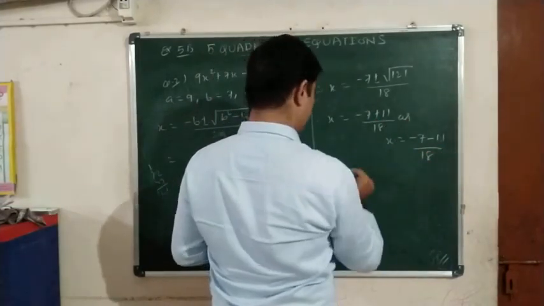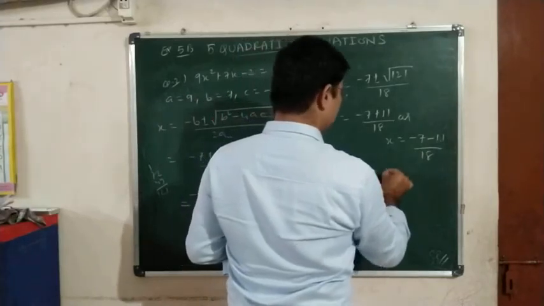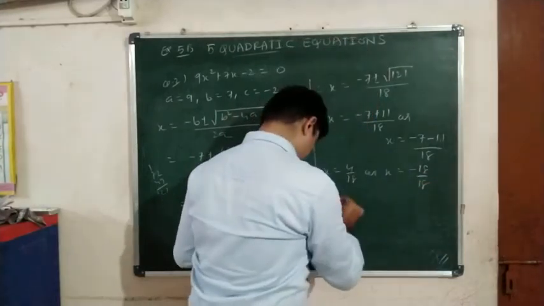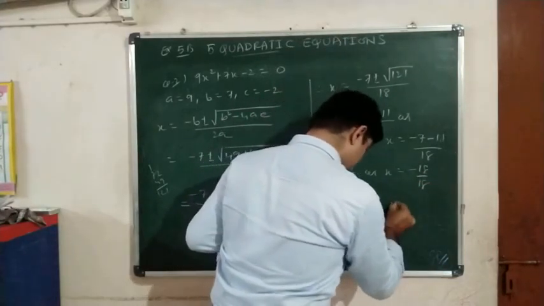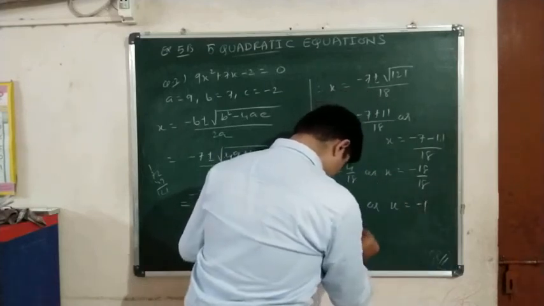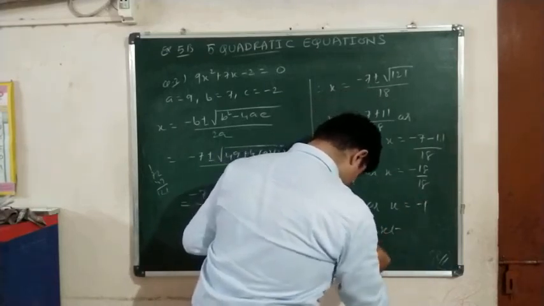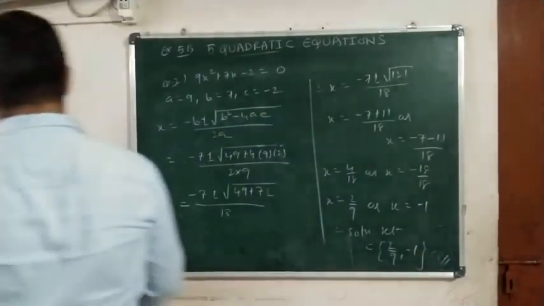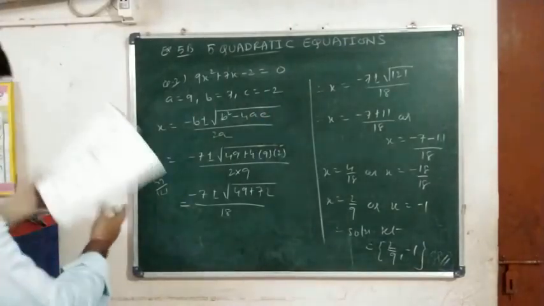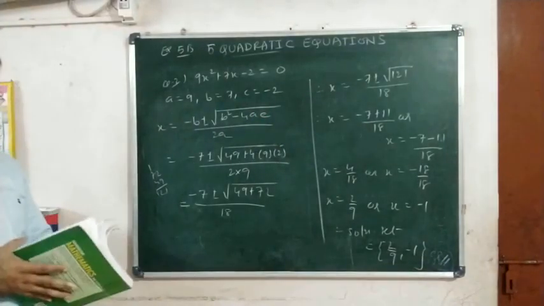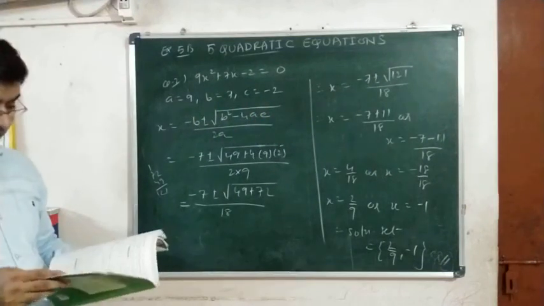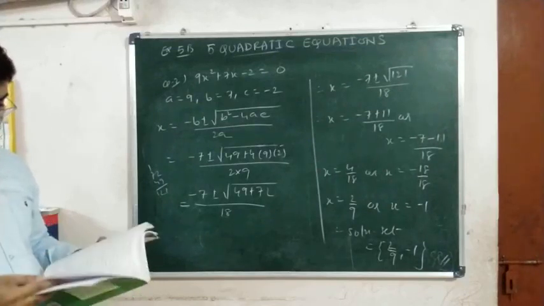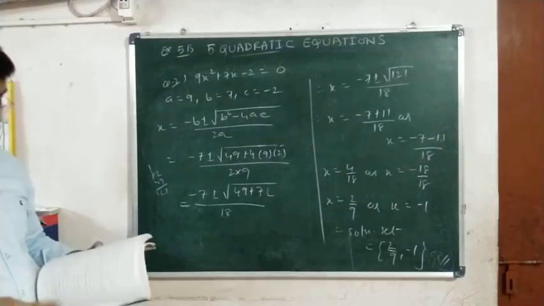Therefore x is equal to 4 by 18, or x is equal to minus 18 by 18. Therefore x is equal to 2 by 9, or x is equal to minus 1, and therefore the solution set is 2 by 9 comma minus 1. So this is the second question, 2 by 9 and minus 1.